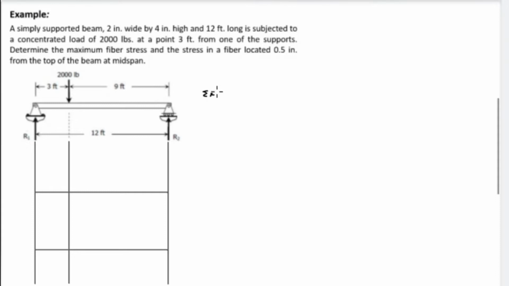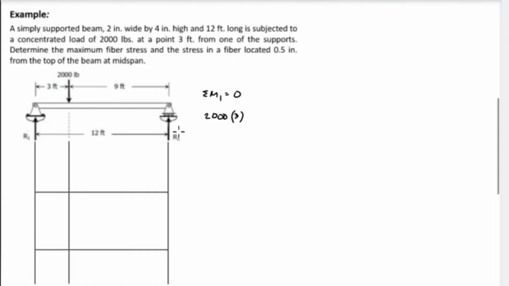Summation of moment at 1 is equal to 0. So we have the load of 2000 pounds multiplied by the distance from the concentrated load to point 1, which is 3 feet, and the direction is clockwise, therefore it is a positive sign.